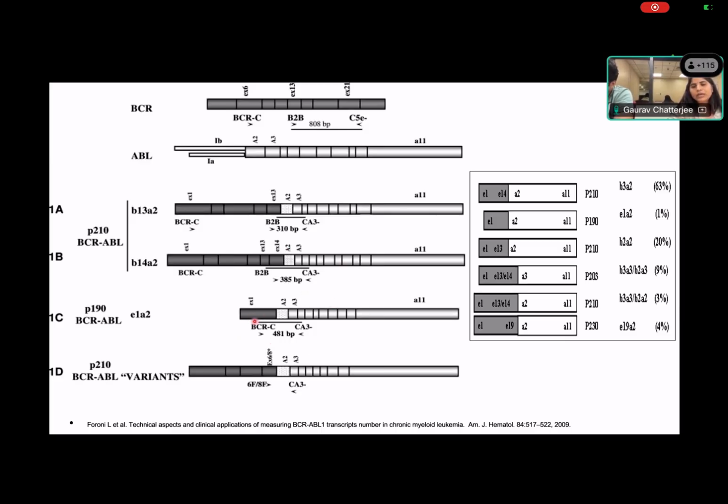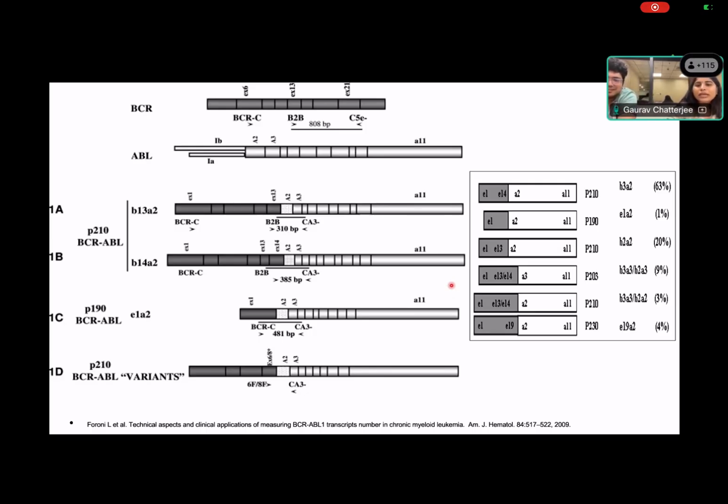For example, a BALL case that comes for monitoring, the real-time PCR that we'll be putting will be different from the case that has classical E14A2 transcript coming for follow-up. So that is why we have to identify which transcript was present at baseline. Gaurav, do you want to add anything?